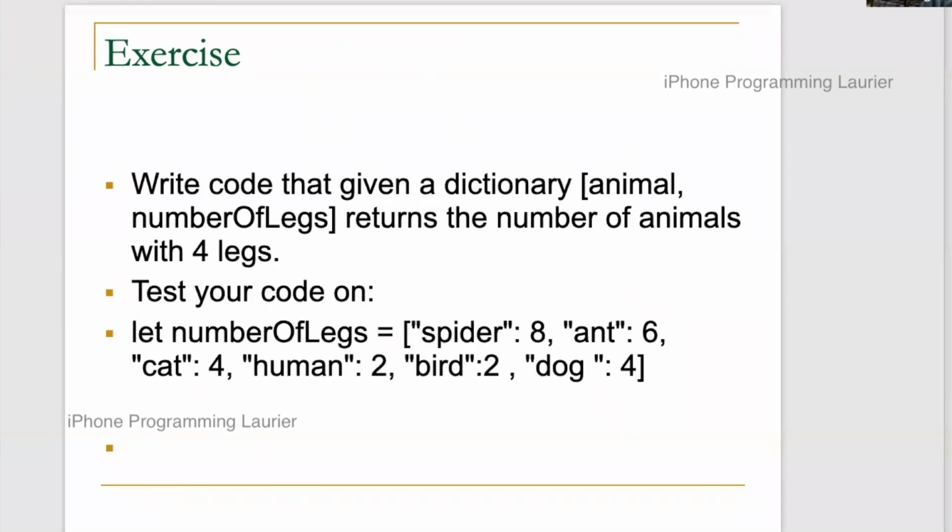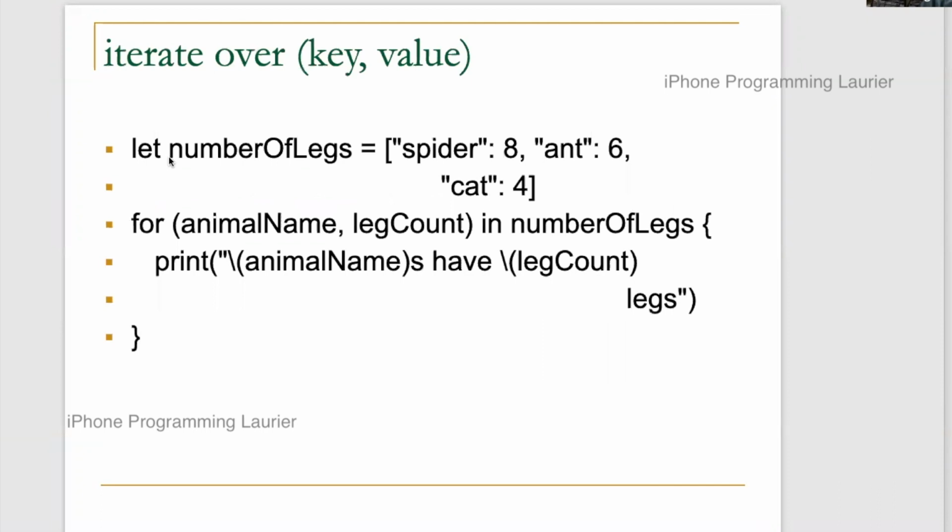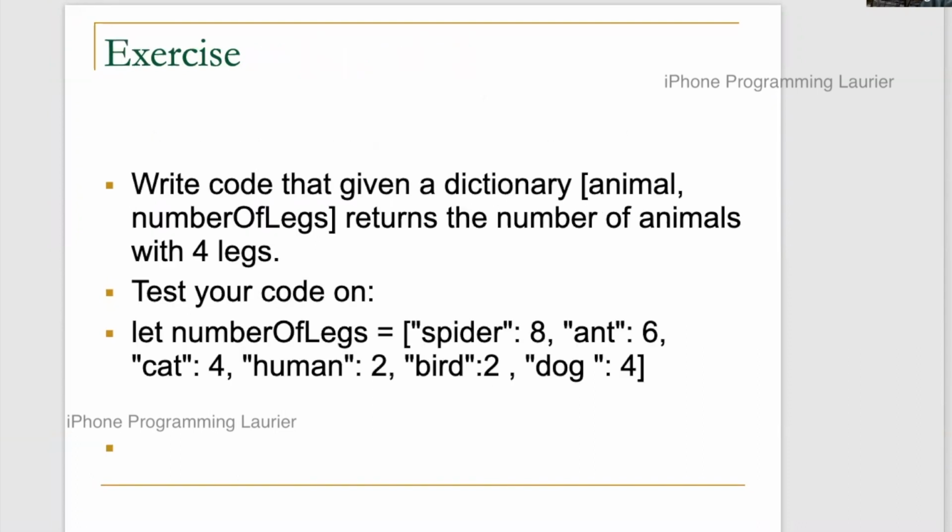We're going to take a break now, but I want to pause this as an exercise for you to do during the break. So given this dictionary, can you write code that returns the number of animals with, say, 4 legs?